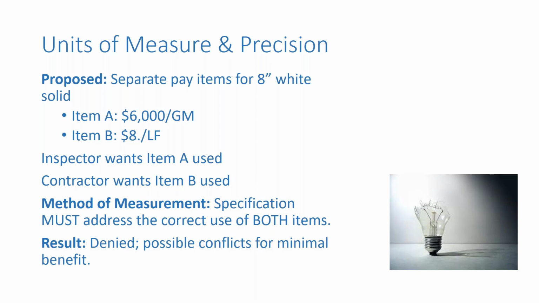So rather than having the specification addressing both unit of measure and possible conflicts for application, we've denied this proposal just to minimize those conflicts and to always use a consistent unit of measure.